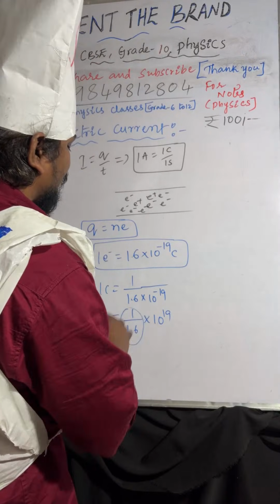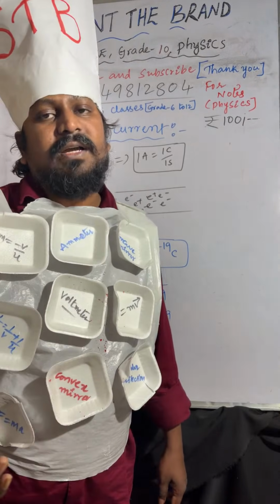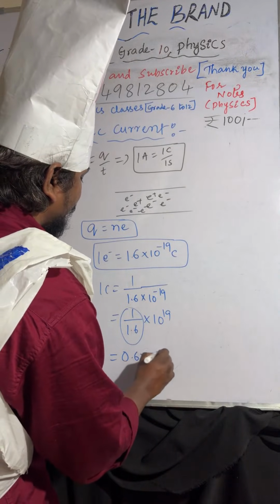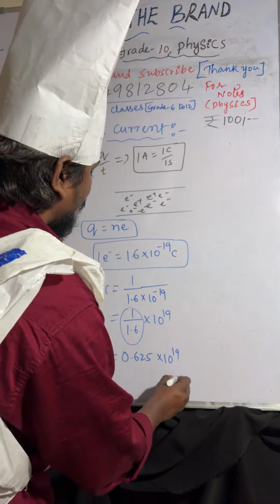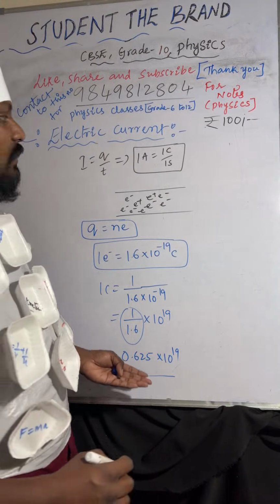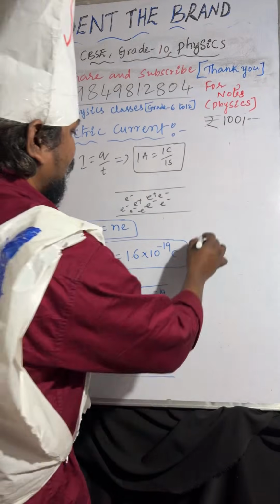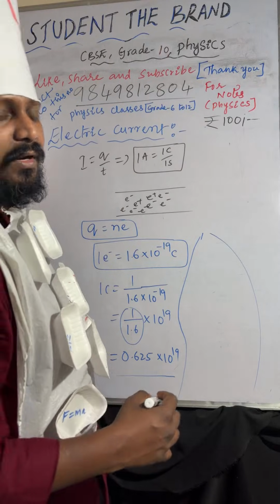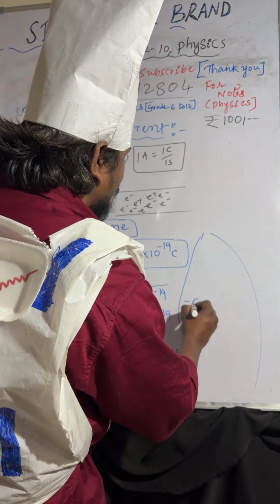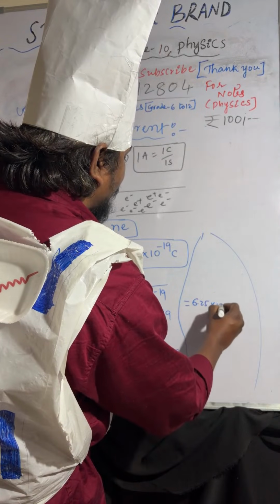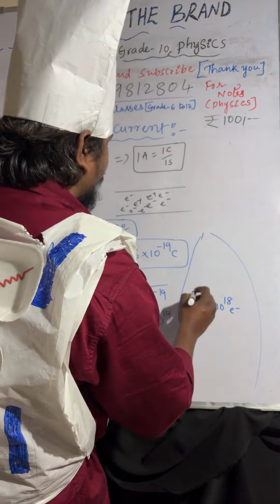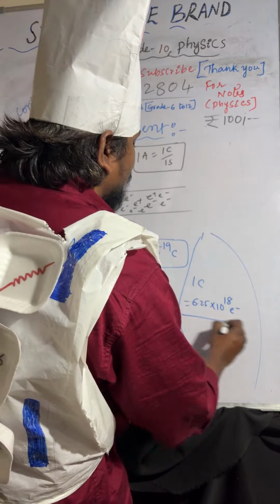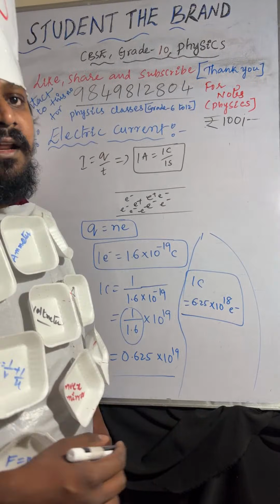If you solve this, you will get 0.625 into 10 power 19. So the final value is 6.25 into 10 power 18 electrons in 1 coulomb.